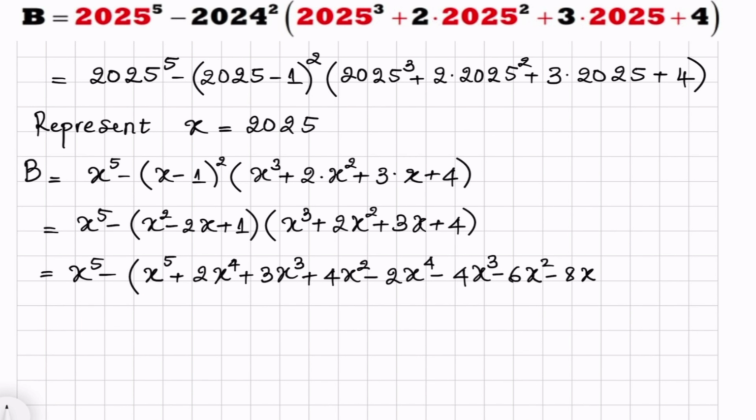We got 1 and then we have to multiply 1 into the second factor. We will get x cubed plus 2x squared plus 3x and then plus 4.